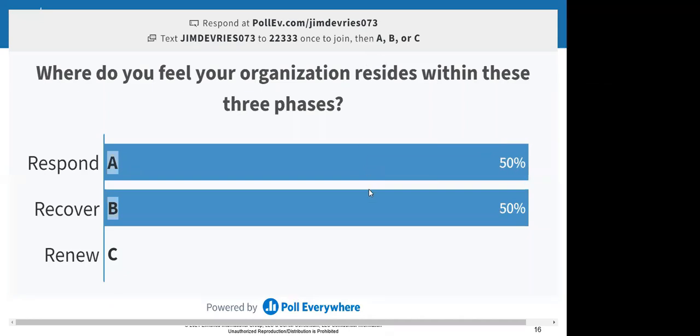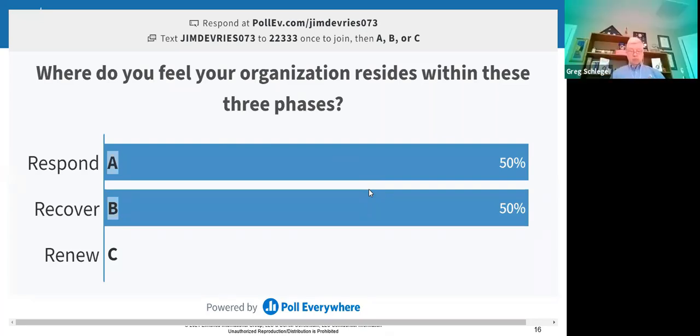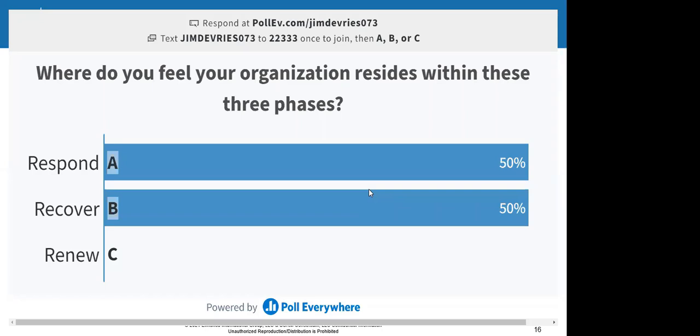So how long will we be in respond versus in recovery? Some would make an argument we're going to be in respond until we're able to reduce the fatalities, and there's enough vaccines out there for everyone, and that may be in July or something when we start to say, okay, now we're ready for recovery, because we don't know what the new normal is.